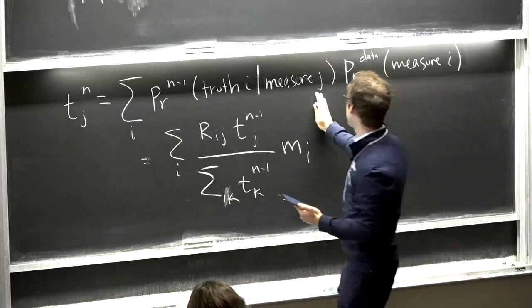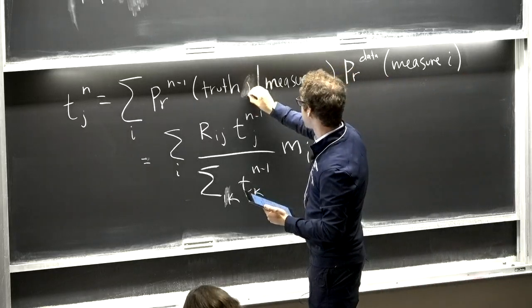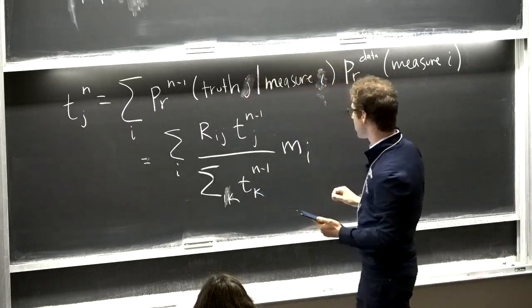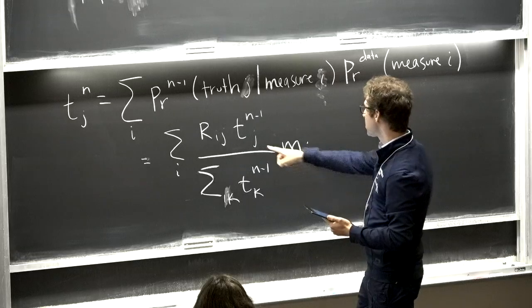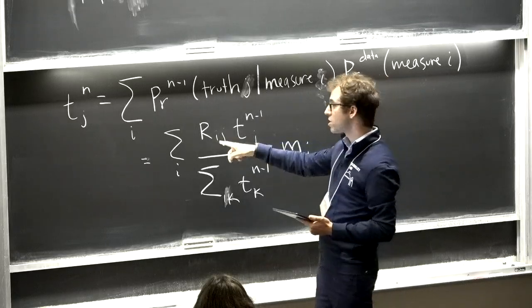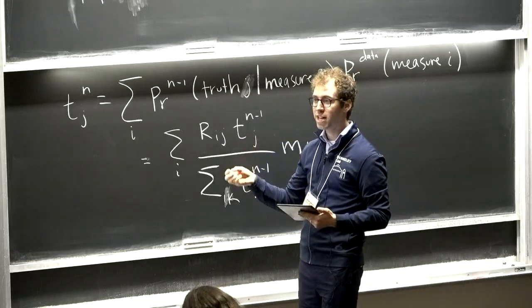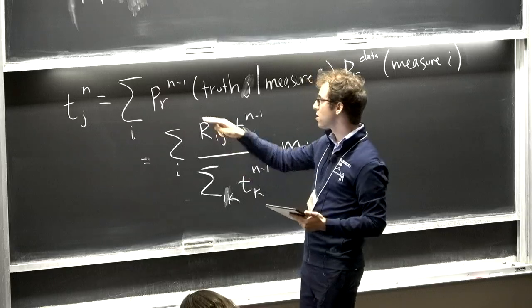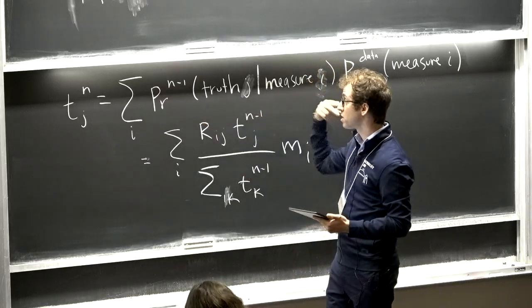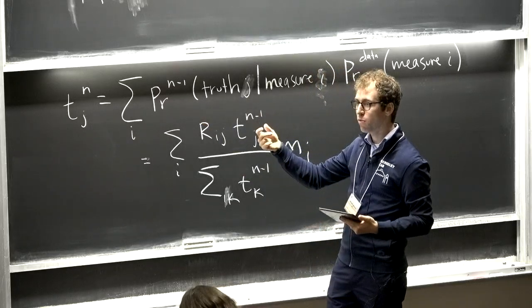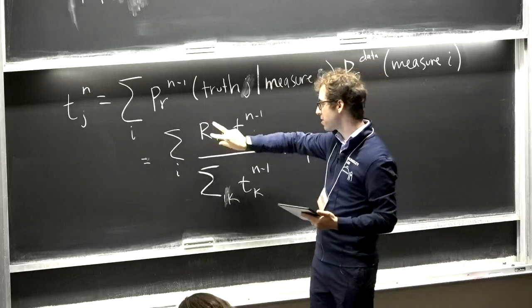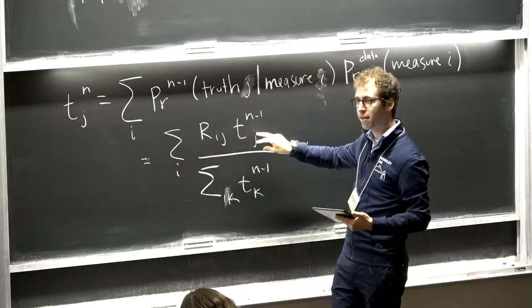It should be truth J, measure I. Thank you. And what is it? Rij, Tj, the whole thing together as well? No. So Rij is a constant. Rij is just the response matrix. It doesn't depend. So this is like the posterior after the n-1 step, which is exactly the fixed response matrix updated with the prior from the previous step.